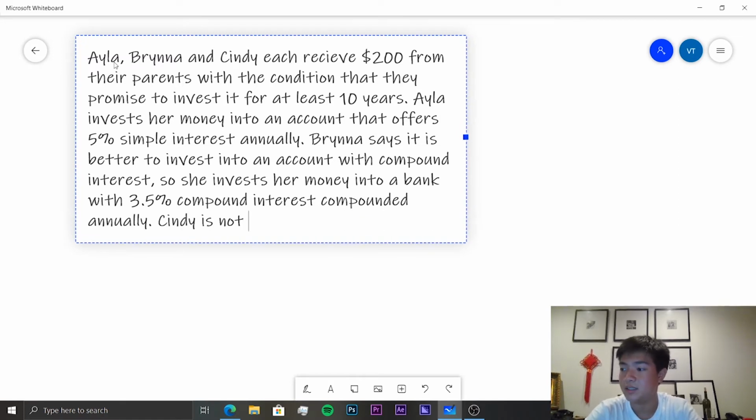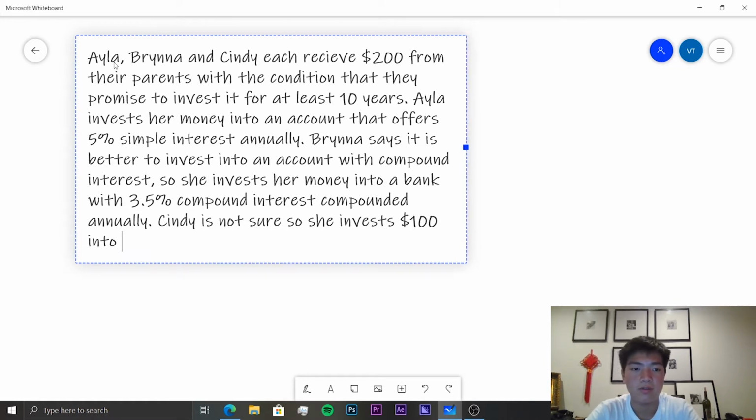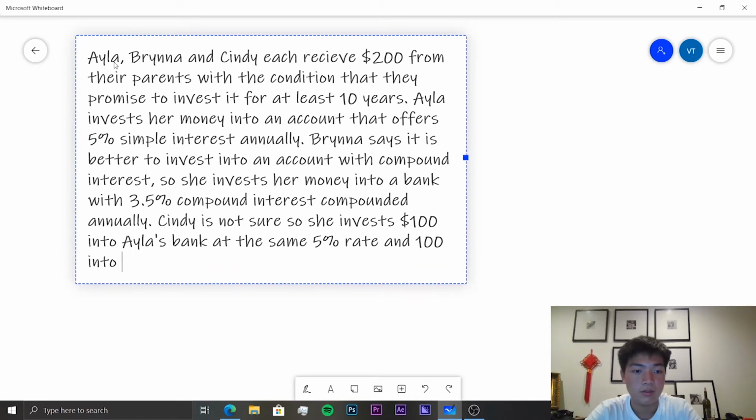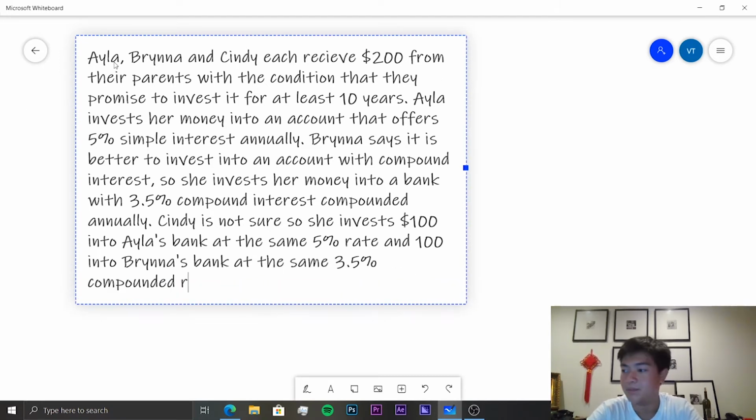Cindy is not sure, so she invests 100 into Isla's bank at the same 5% rate, and 100 into Brenna's bank at the same 3.5% compounded rate.